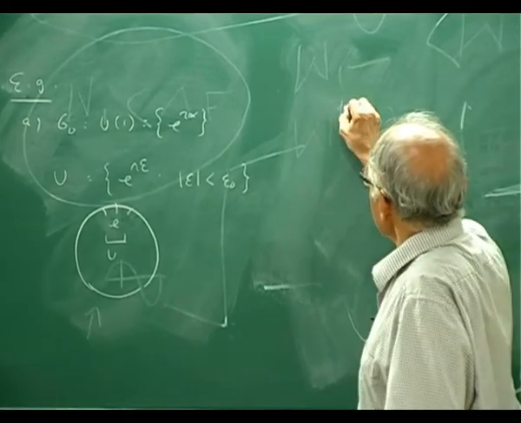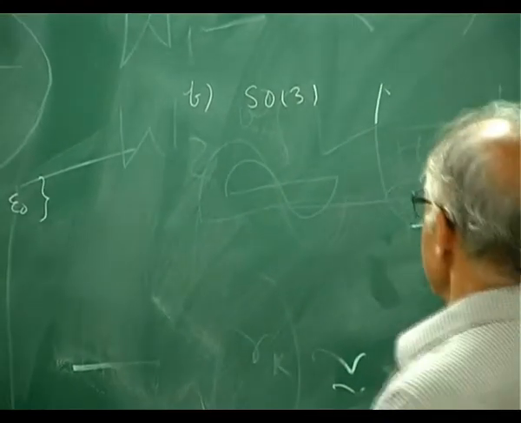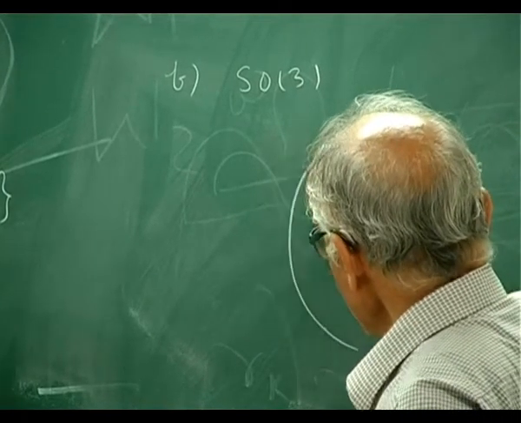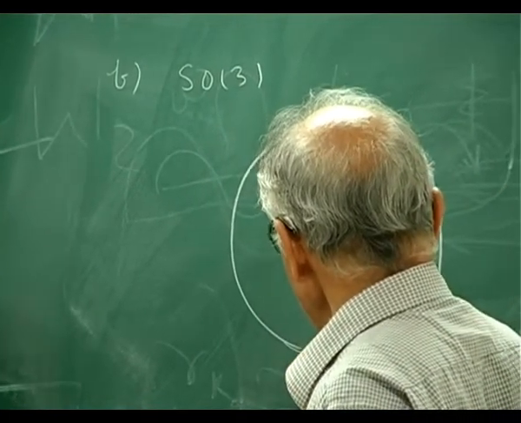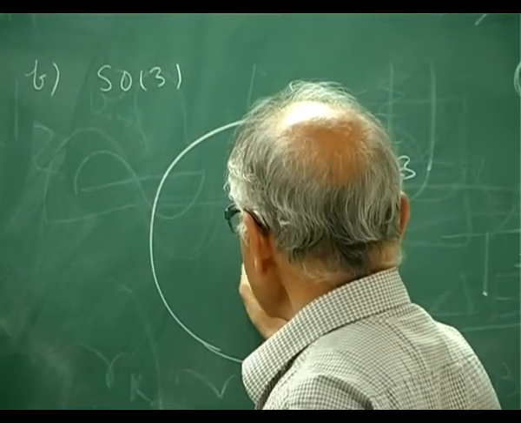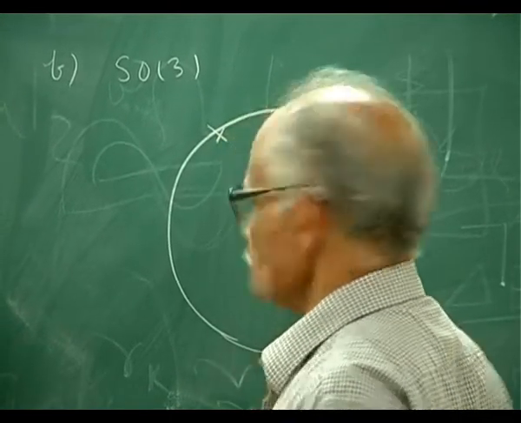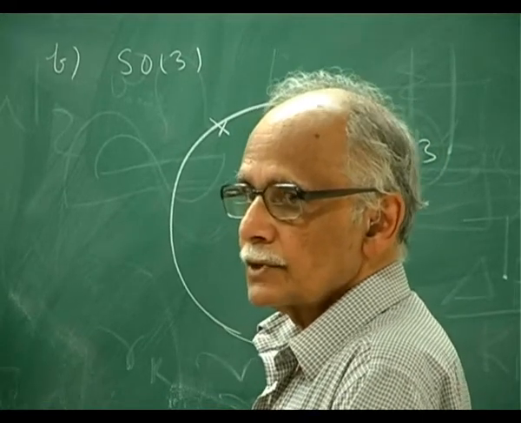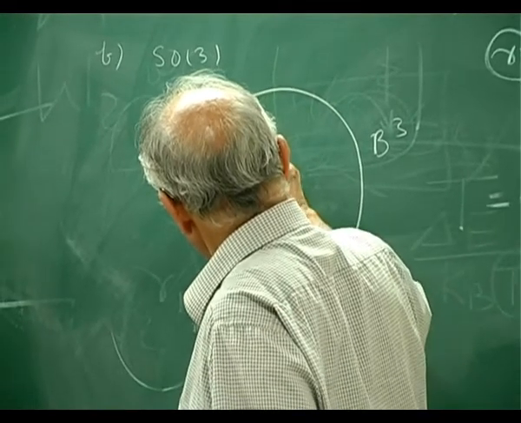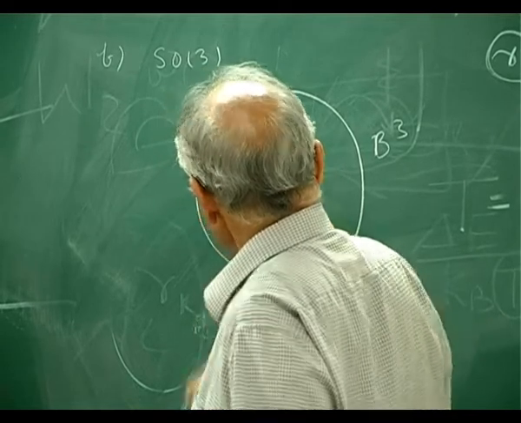Let's take SO3. Here, as I told you yesterday, is a ball B3. This identity is E here, and you are identifying diametrically opposite points. So you can choose for U anything like this of radius epsilon.